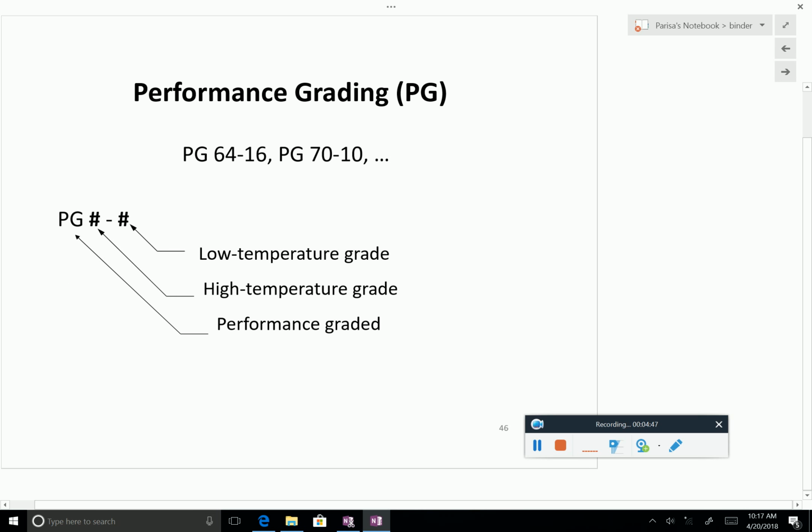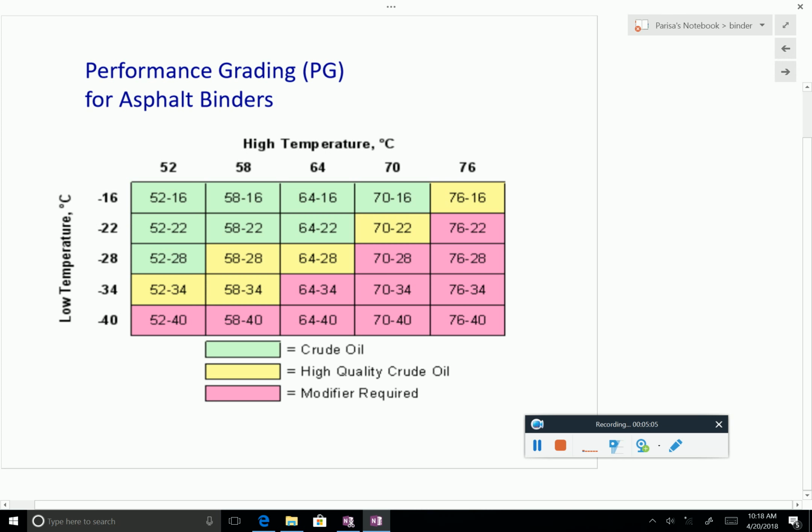So, pretty simple. You have the high temperature and low temperature. So if you are talking about 70-10, this is good from negative 10 degrees to 70 degrees centigrade. And the catch is you don't have material for every temperature that you have.